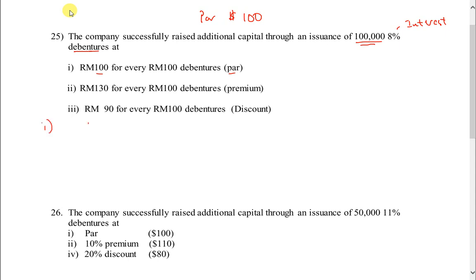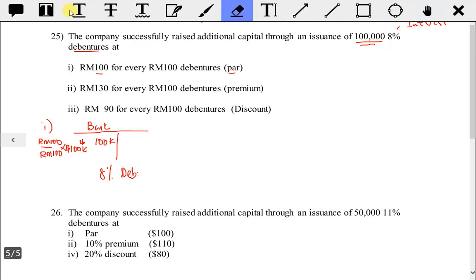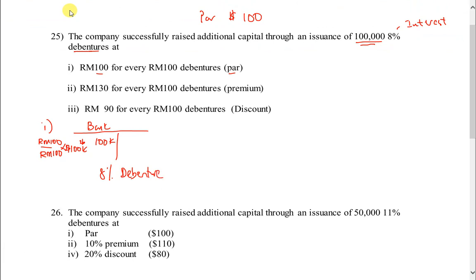Number one, debit bank 100,000, credit 8% debenture 100,000. A debenture is a loan. Done. Remember to show working.